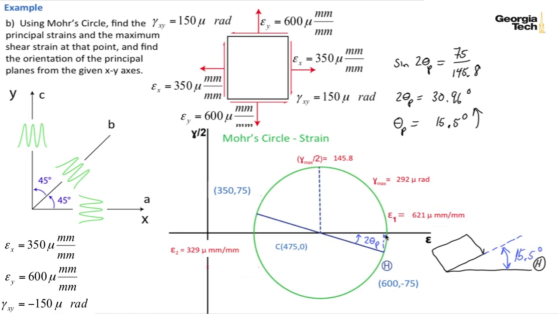And on that face, we're going to have epsilon sub 1, our principal normal strain, which is 621 millimeters per millimeter. It's positive, so it's going to be in tension. I turn 180 degrees on Mohr's circle, which is 90 degrees on my block, and I get positive 329 millimeters per millimeter. And we're going to have equal on the other sides. And so that's a good oriented strain block, and we've solved the problem.